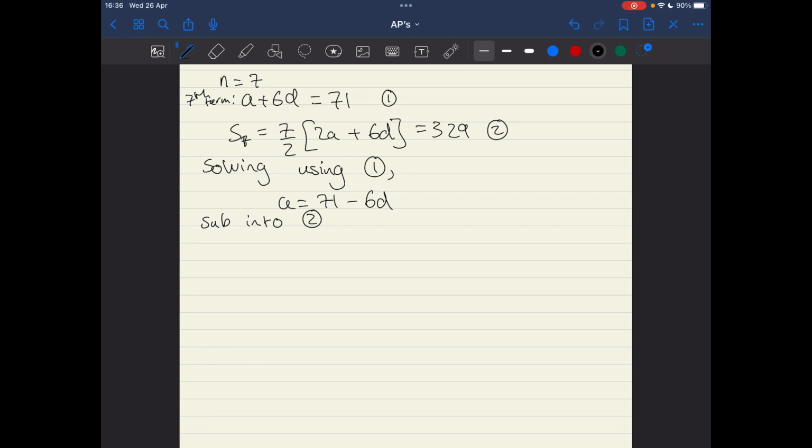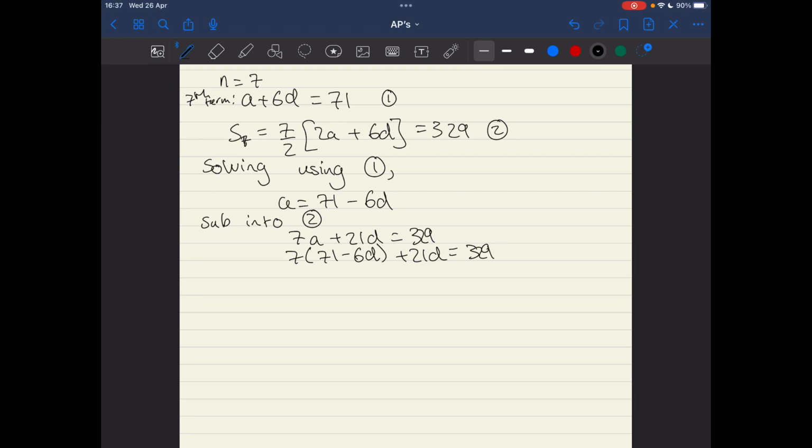We know, so dividing the 7 by the 2, so we got the 7A, because the 2's cancel, and then this would become 3. So we got 7A plus 21D, which is equal to 329. So A is equal to this, so 7 bracket 71 minus 6D plus 21D is equal to 329.